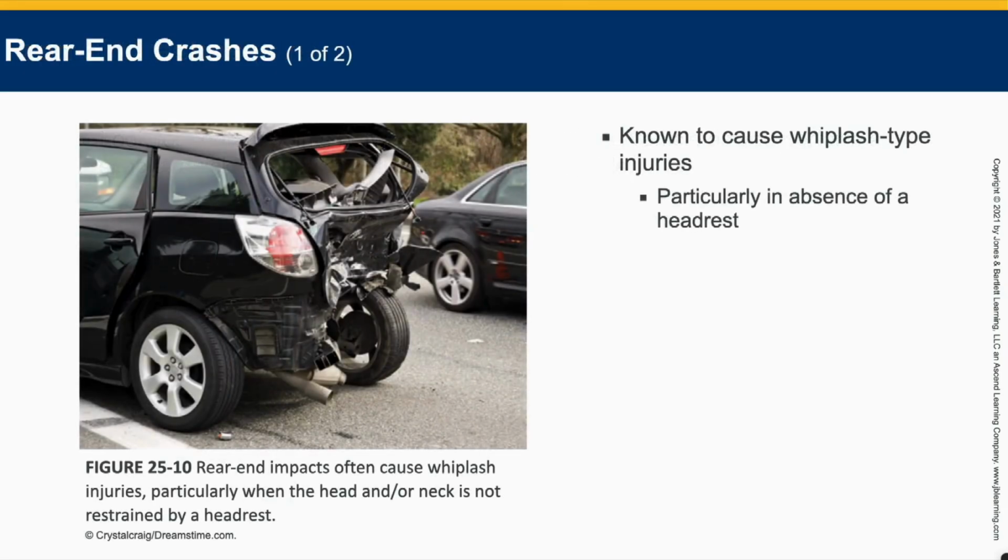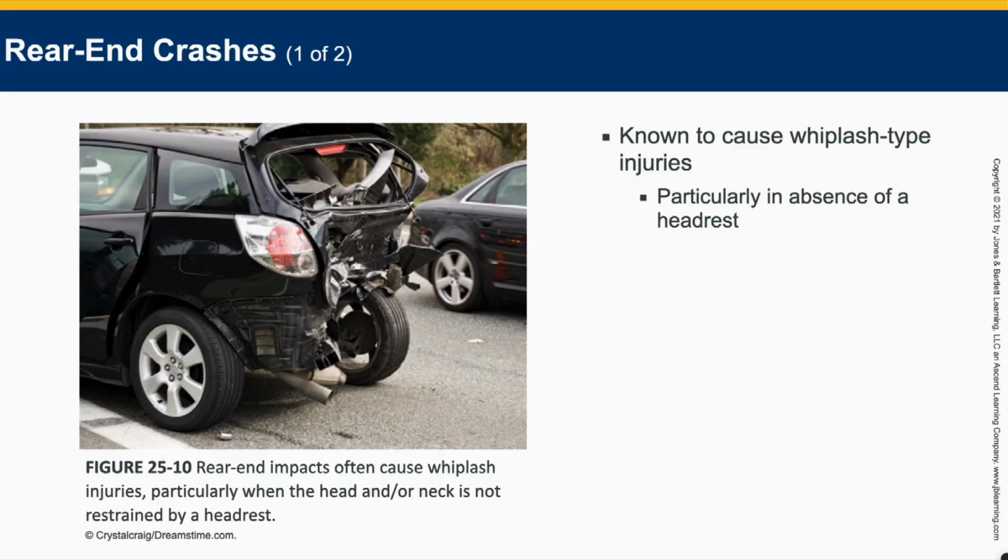Now let's talk about rear end crashes, which are most commonly associated with whiplash type injuries. In these collisions, the body is pushed forward suddenly, but the head tends to lag behind, then snaps forward. That rapid back and forth motion puts a lot of stress on the neck and the cervical spine.